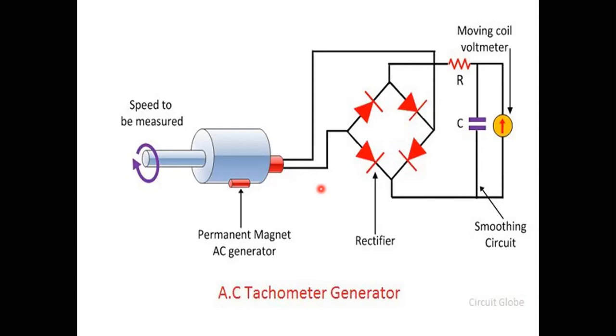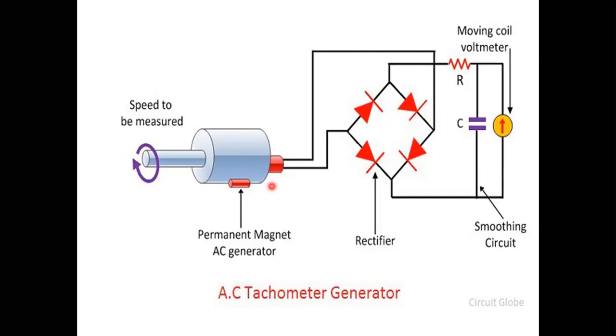So there are some direct methods to measure speed and also there are some indirect methods to measure speed. Here we're using an AC tachometer type speed measuring system. AC tachometer.